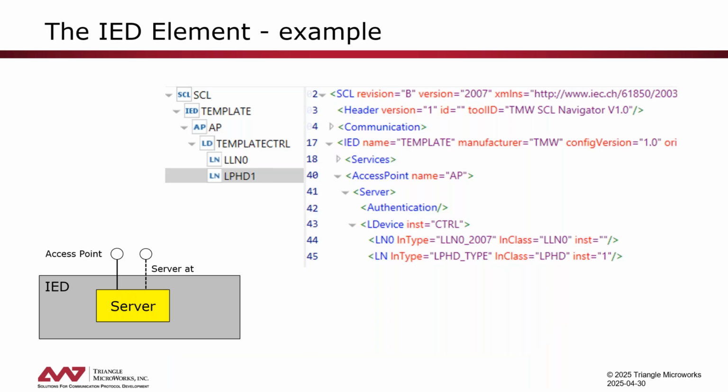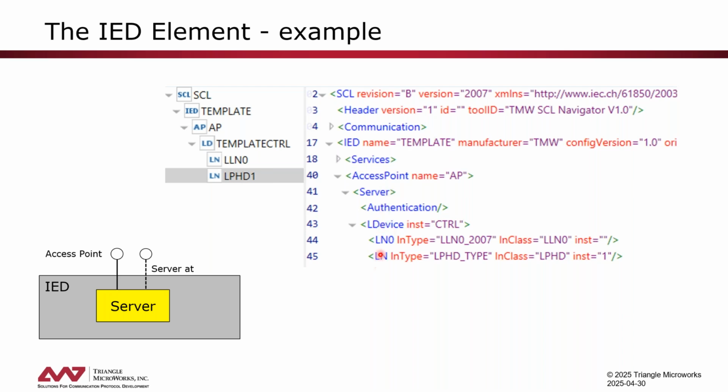So this is the first example. An IED has a server which is associated to an access point. We may have multiple access points that use the same server, the same model behind. So in our SCL file, we have the IED element. Beyond that, we have the access point, we have the server, and then we have our data model: logical devices, logical nodes. In the services section, we basically describe what the capabilities of the IED are with regard to communication and engineering flexibility.